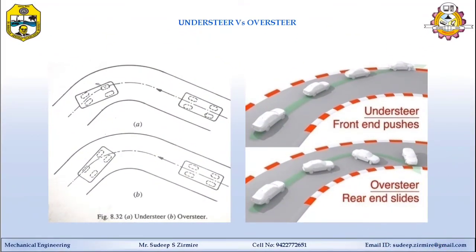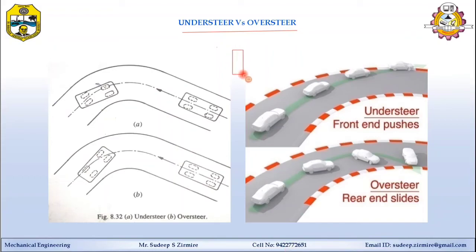In this topic, we are going to learn understeer and oversteer. Understeer or oversteer relates to the sensitivity of the steering, and it depends on the slip angle of the front or rear wheel. What is meant by slip angle?